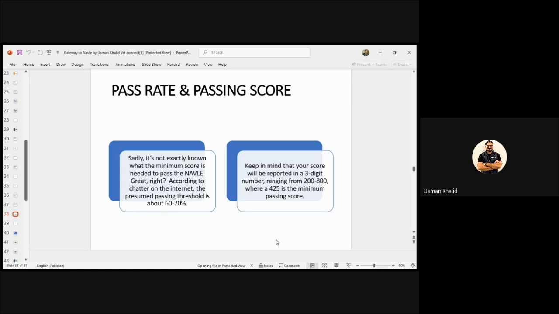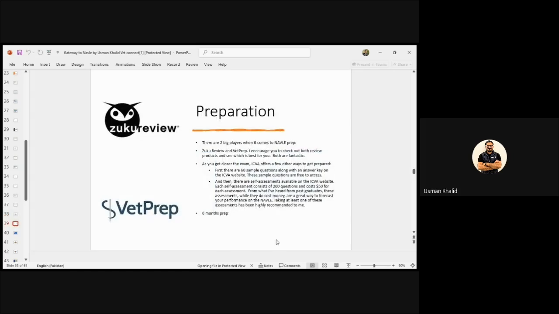So the prep sources: there are two big players for NAVLE, that is Zuku and Web Prep. For NAVLE, you should have at least 6 months in your plan. You can go through Zuku or Web Prep.